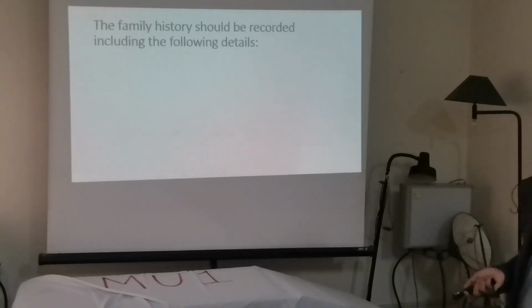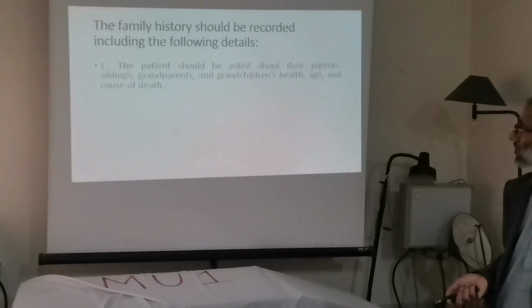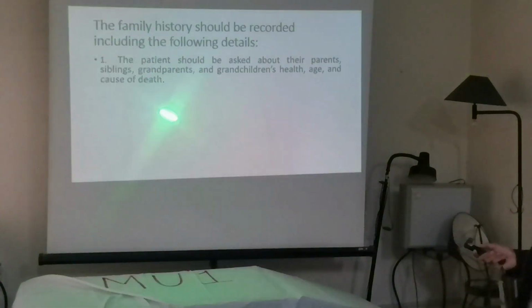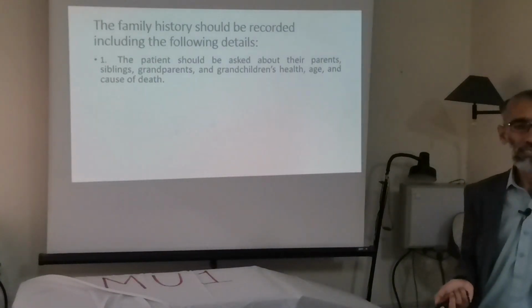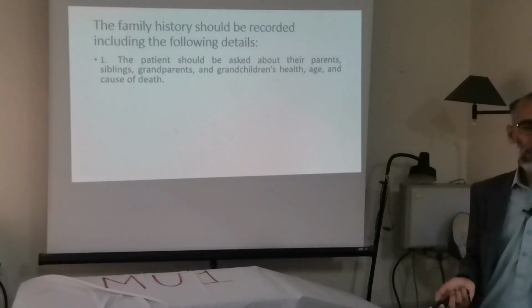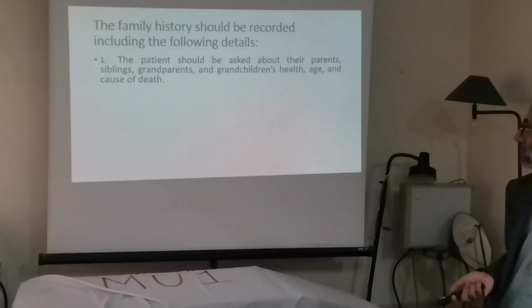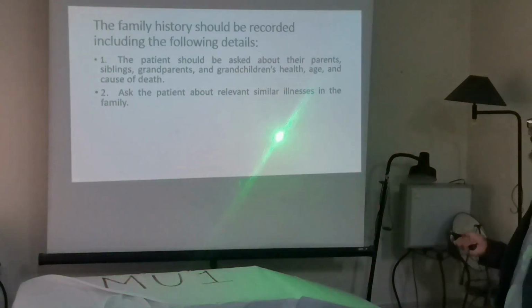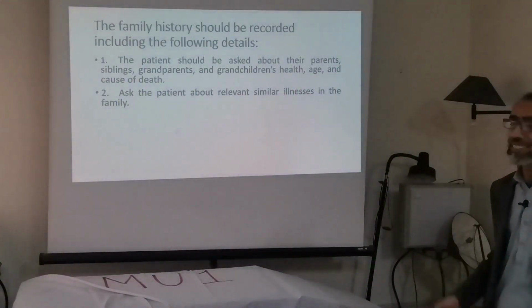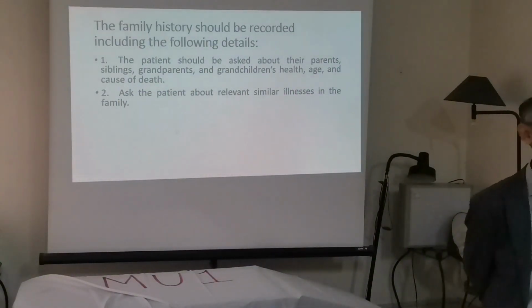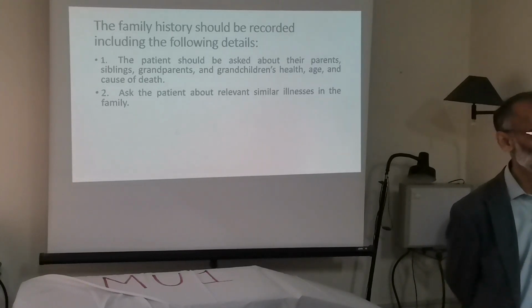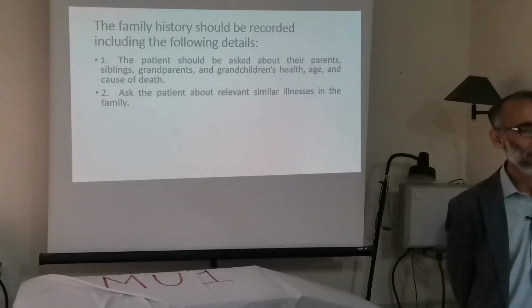The family history should be recorded, including the following details. Number 1, patient should be asked about their parents, siblings, grandparents, grandchildren, health, age, and cause of death. Is it clear? Ask the patient about relevant similar illness in the family. Diabetes mellitus, hypertension, whatever is relevant, you have to ask.